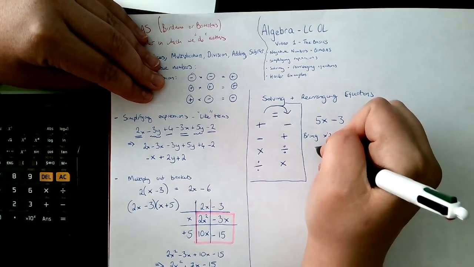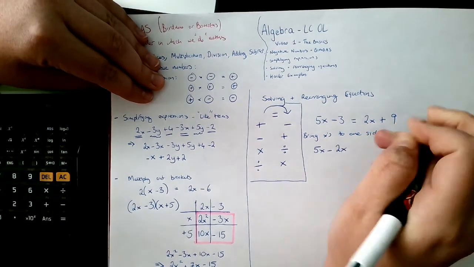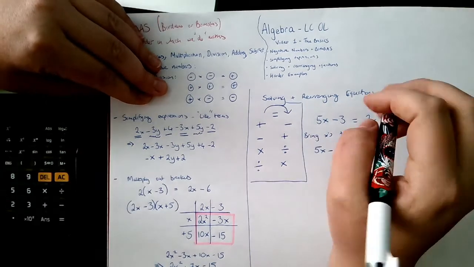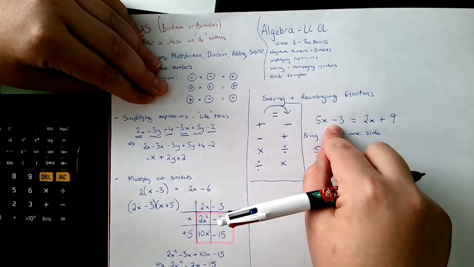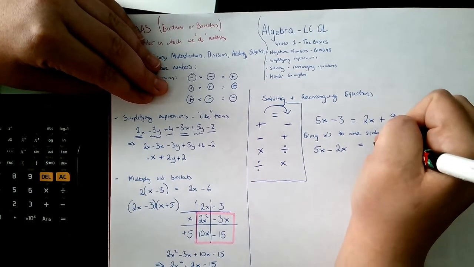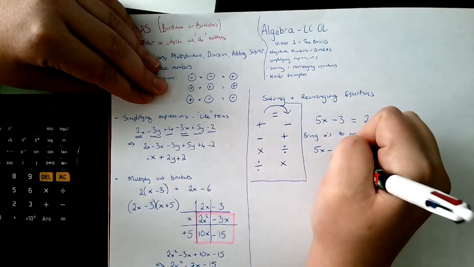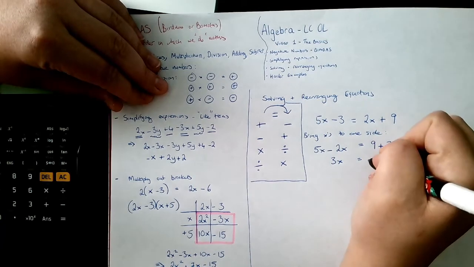So I've got 5x minus 2x, because it's plus 2x on this side, so we bring it over to the other side and minus it. We're minusing 3 on this side, so we bring it over to the other side and we plus it. So 5x minus 2x gives us 3x, and 9 plus 3 is 12.